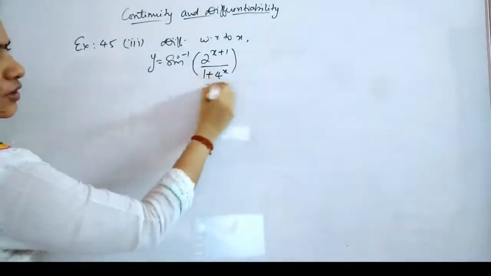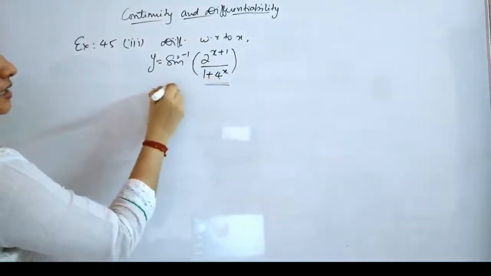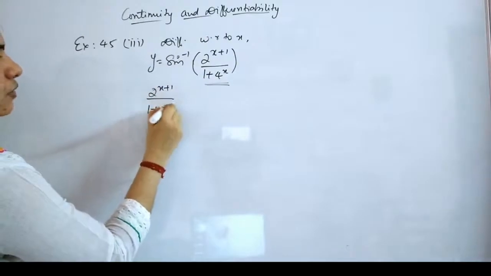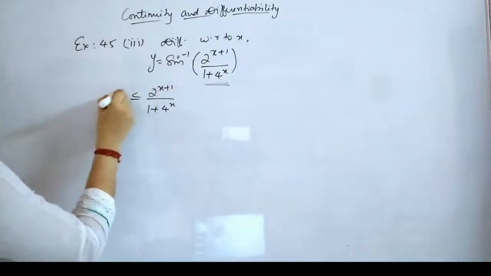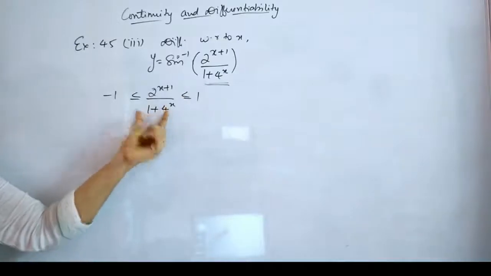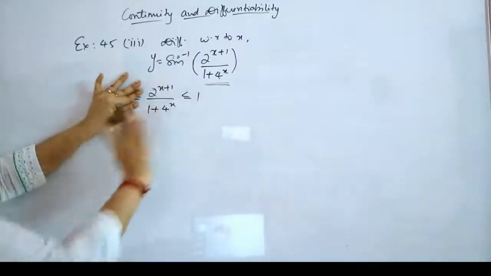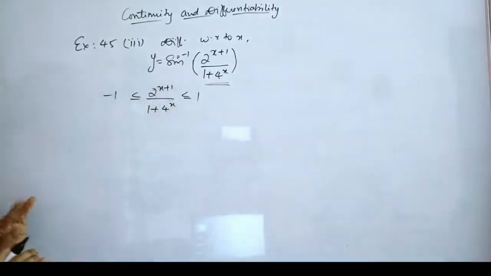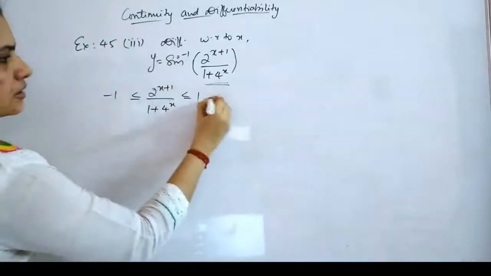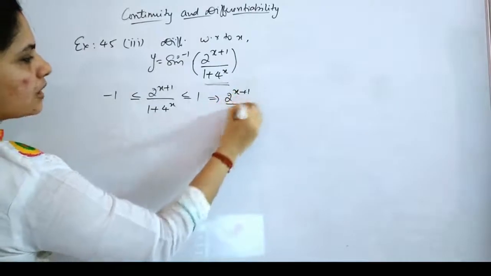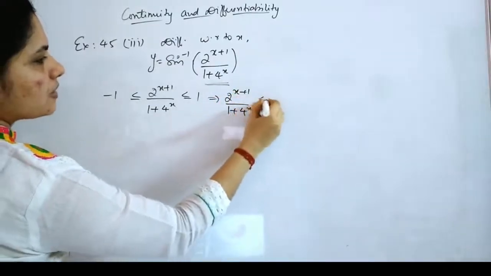So instead of x, what you have here is 2 raised to x plus 1 by 1 plus 4 raised to x. It should lie between minus 1 and 1, and you can see that this is every time positive, so we can neglect the negative side. It will be a positive quantity which is less than or equal to 1. So 2 raised to x plus 1 by 1 plus 4 raised to x will be less than or equal to 1.